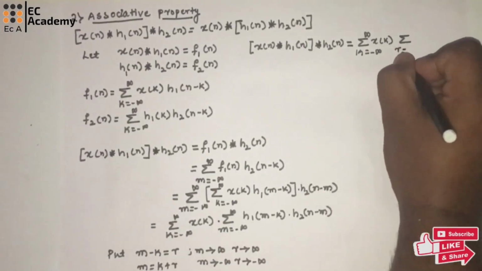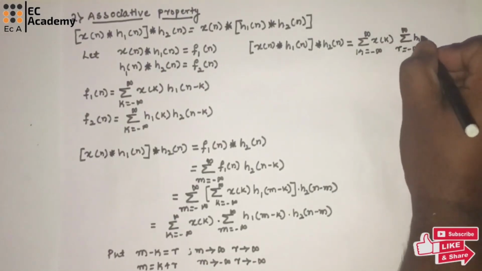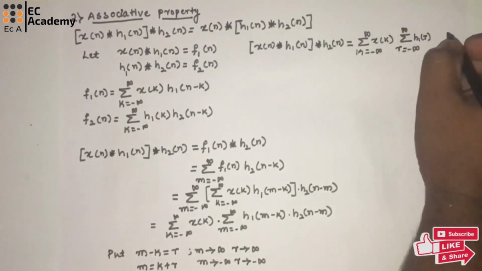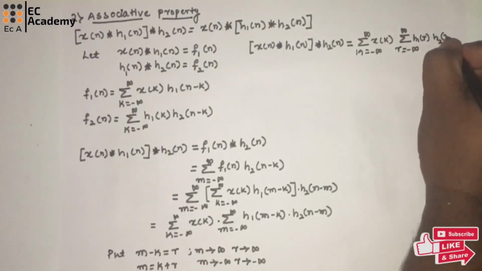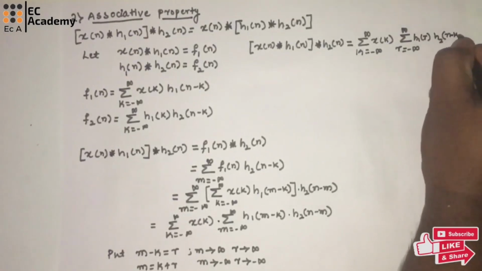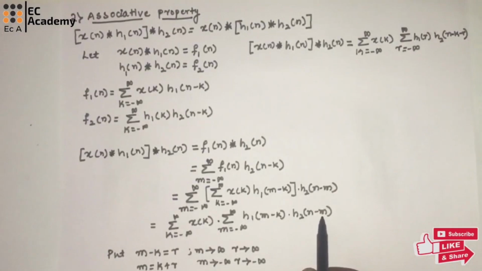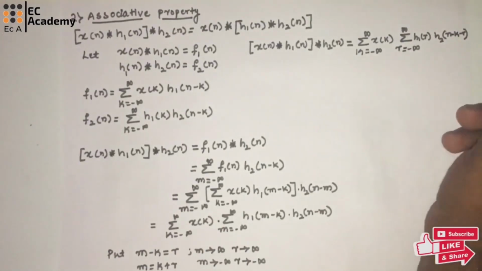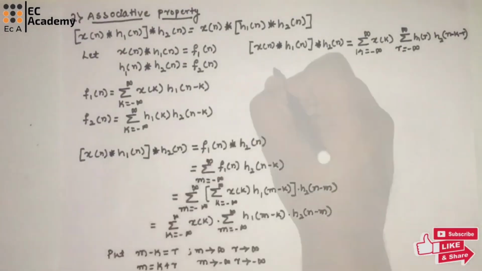So r is equal to minus infinity to infinity h1 of r into h2 of n minus k minus r. So in this equation the value of m is replaced with k plus r. So here we will get n minus k minus r.